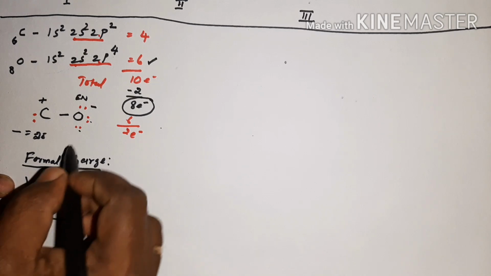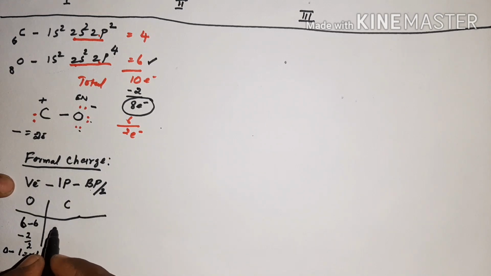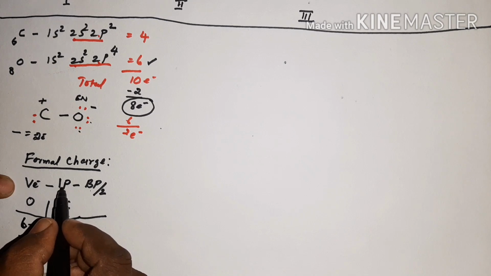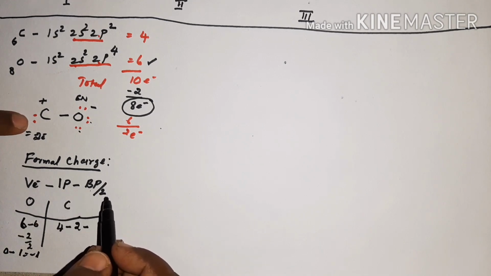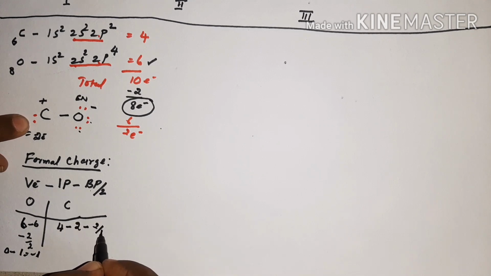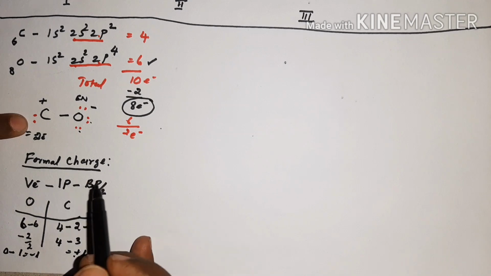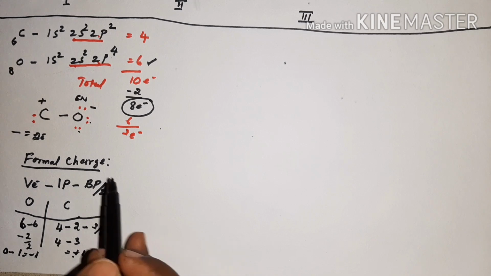So this minus 1 comes here. Next for carbon, valence electrons 4, minus lone pair electrons 2, minus bond pair electrons 2 divided by 2. So 4 minus 3 equals plus 1. So that carbon contains a plus charge. Hope you understood this carbon oxygen bond and the charge also.